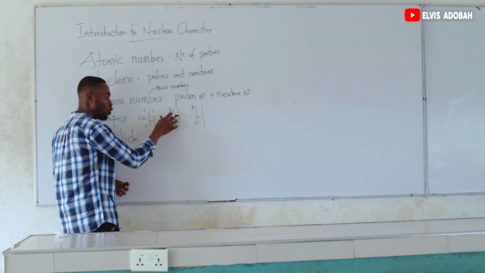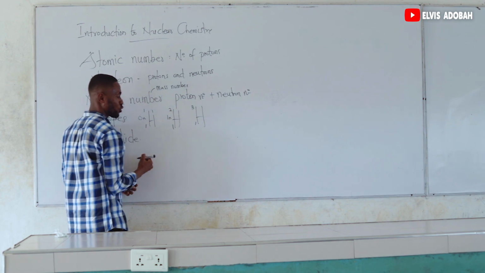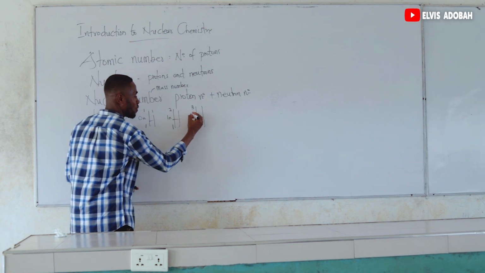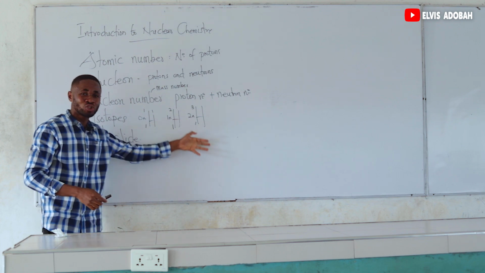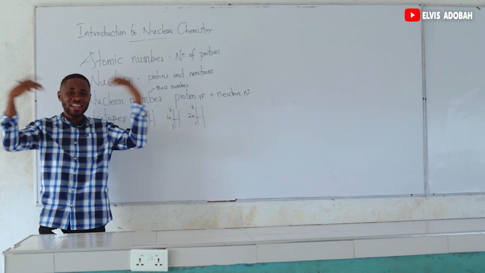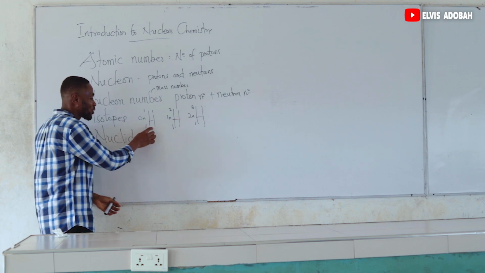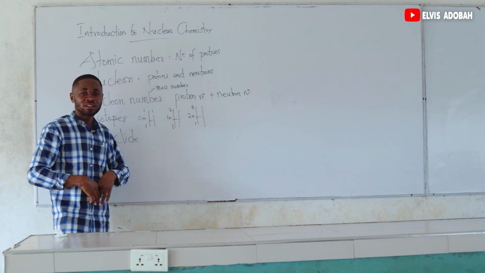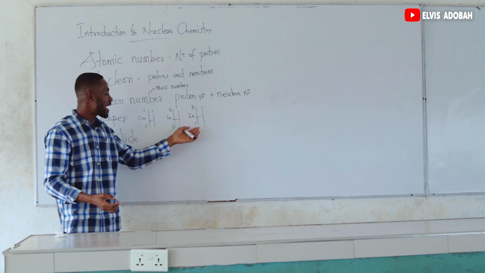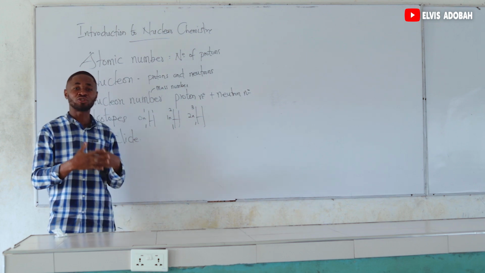In hydrogen 2, we have 1 neutron. In hydrogen 3, we have 2 neutrons. Now, these isotopes of hydrogen have unique names too. This one is called protium. Hydrogen 2 is called deuterium. Then hydrogen 3 is called tritium.